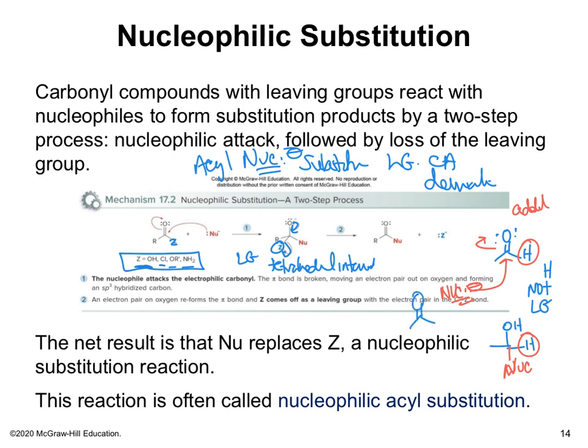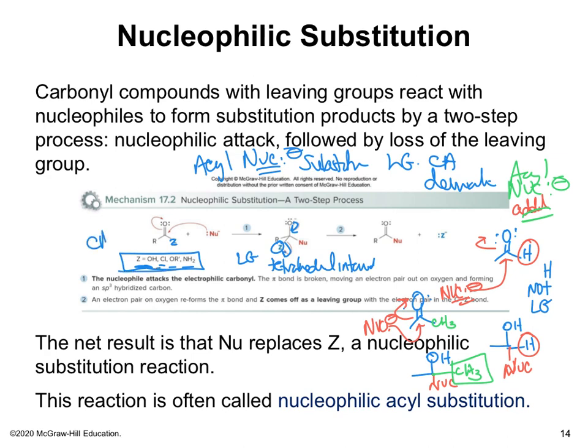Ketones, you have a nucleophile that adds, but notice this CH3 is going to stay. So that'll get protonated, the nucleophile is going to add, but the CH3 is not a leaving group, so it stays. So this is acyl nucleophilic addition.